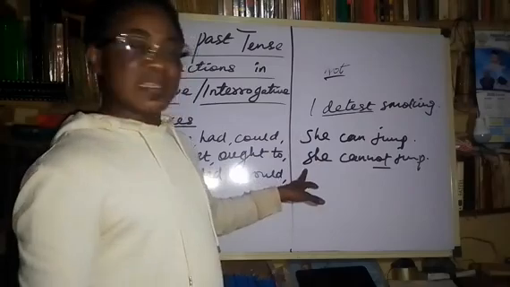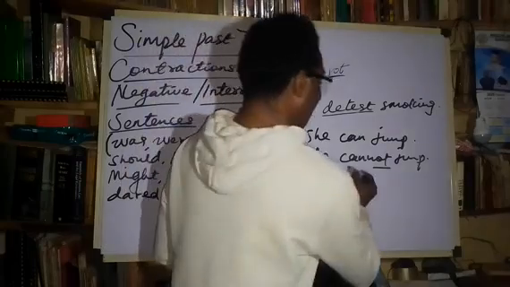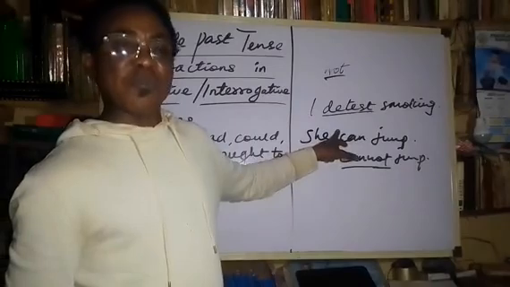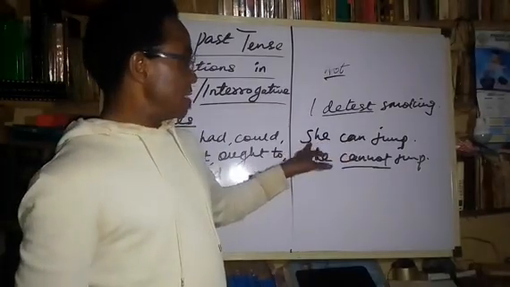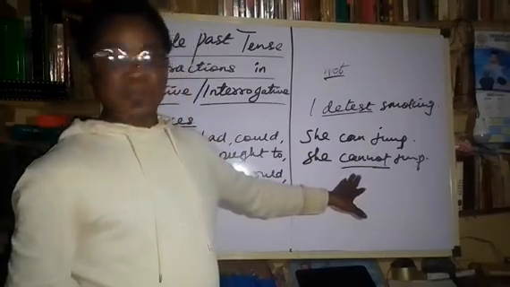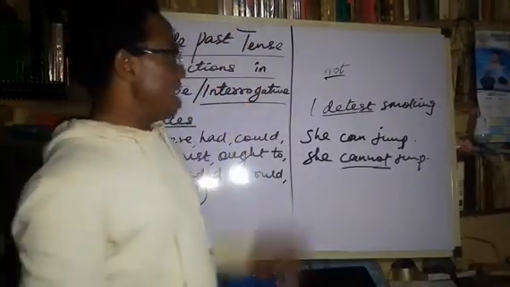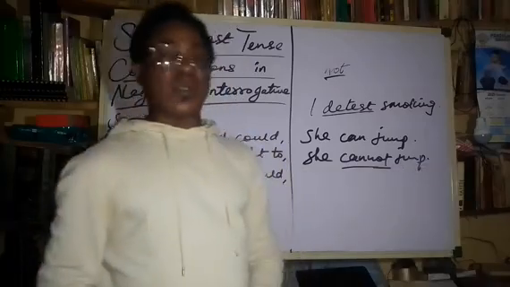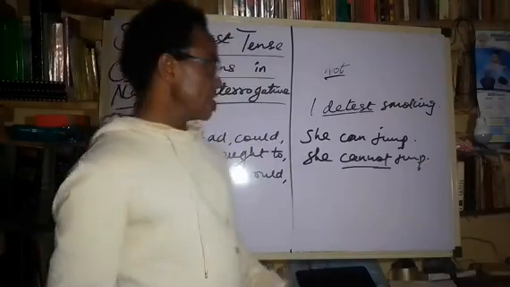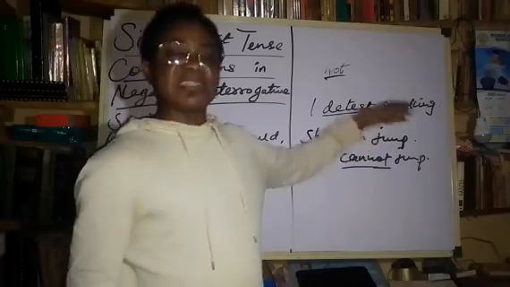The second one is negative. That is, in this sentence, we have negated the verb can. We've made it the opposite of what it says. It says she can jump. The opposite is she cannot jump. But we can't do the same with detest. We can't say, I detest not smoking. No, it is not done that way in English grammar. We cannot add not to a lexical verb.